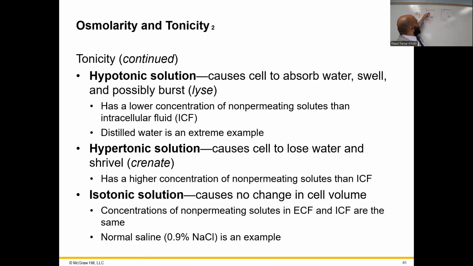Here, when it's equal, the red blood cell will be the same size. But here, when the solution is really low, the water is going to move inside the red blood cell. It's going to become really like a balloon. It's going to burst. It's going to pop. So that is a hyperosmolar solution. That is an isoosmolar solution. And that is a hypoosmotic solution.